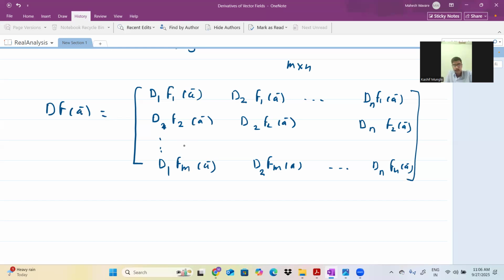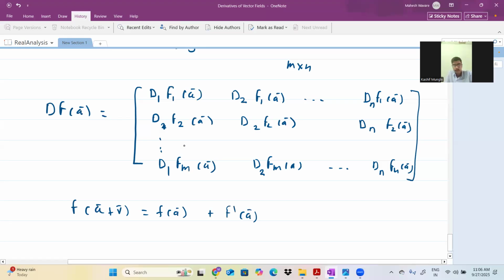So with respect to this, your Taylor's formula becomes f of a bar plus v bar is nothing but f of a bar, and instead of this, I will write f dash at a bar of v.